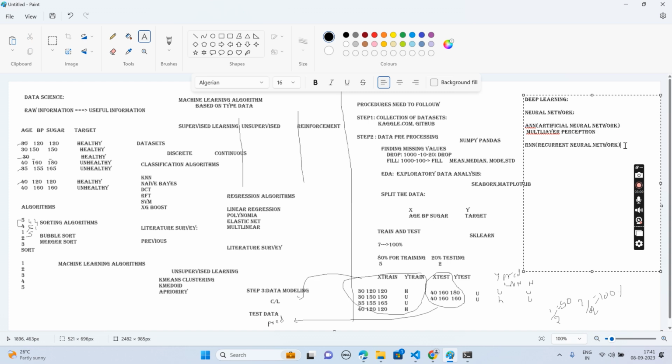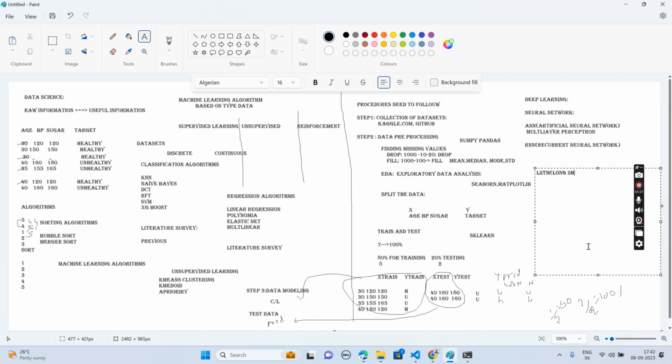Suppose I have data sets like stock market prediction. In machine learning, if you have stock market data sets or weather prediction and all those things, you use regression algorithms. In deep learning you need to use LSTM, long short term memory.